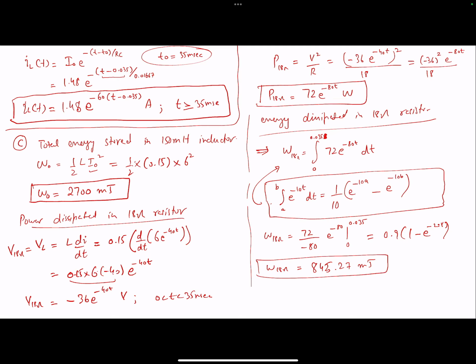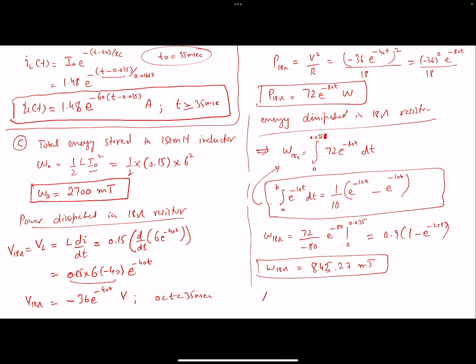Between switching 1 and 2 events, the amount of energy that gets dissipated in the 18 ohms resistor should be 845.27 millijoules. And after that, it will be kicked out. Before that, the energy was being stored in the inductor.